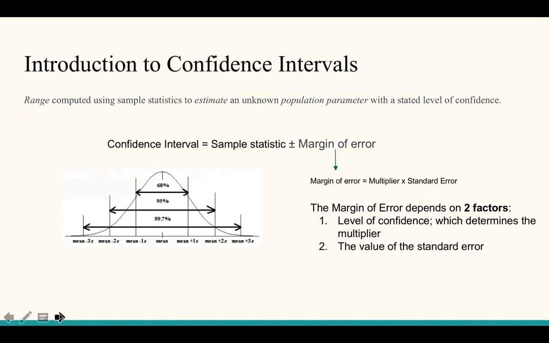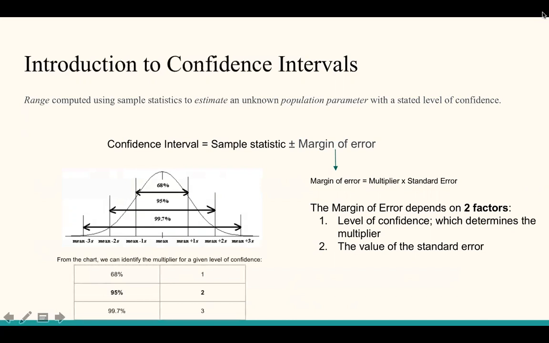So you typically only have 3 levels of confidence in this course. Sometimes you may have other levels of confidence, but you'll be given the multiplier for that. But from the chart that we made for the empirical rule, we can identify the multipliers for the 3 given levels of confidence.